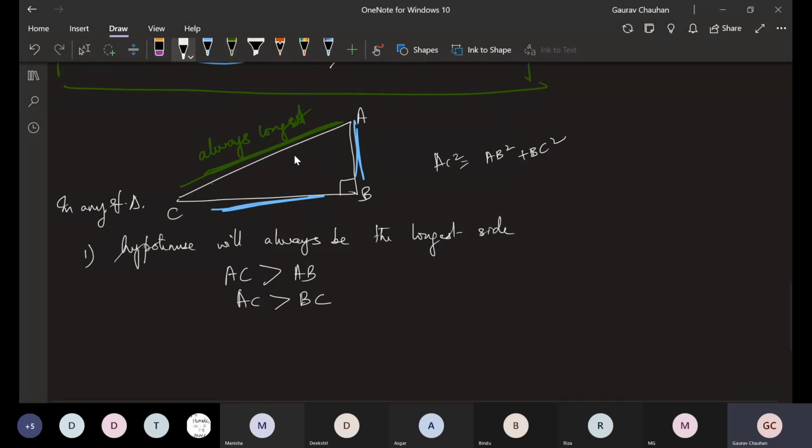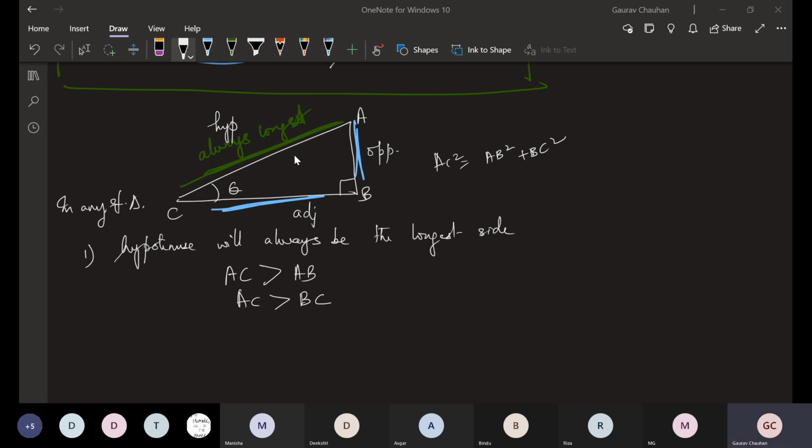Let's call this with other names. Let's call this theta, this is opposite and adjacent, and this is hypotenuse. Can you say that opposite will always be bigger than adjacent, or adjacent will always be bigger than opposite? What do you think? Any thoughts on that? Or can we not say anything if you think like that?